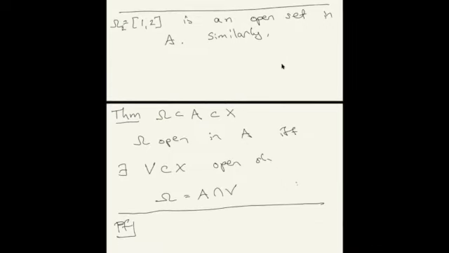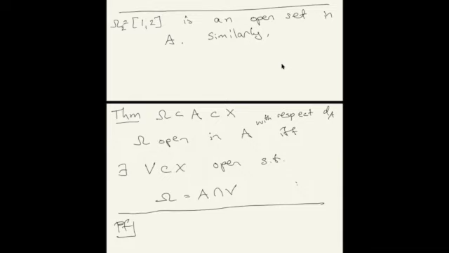Now, one can actually characterize open subsets. If we have a subset omega of A, which is itself a subset of X, then omega is open in A with respect to dA, the restricted metric, if and only if there exists an open set V of X such that omega is the intersection of A with that open set.